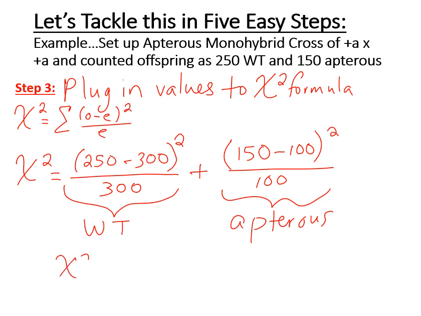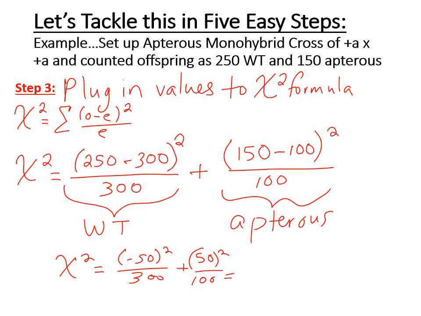So you say chi-squared equals, and you draw out that's the 250 minus 300 is minus 50 squared over 300, plus 50 squared over 100. Okay.